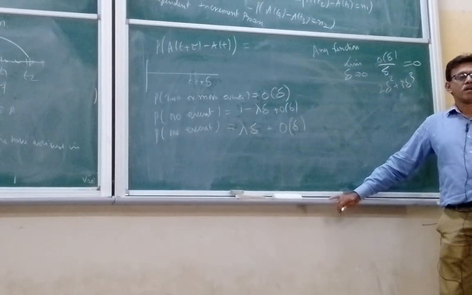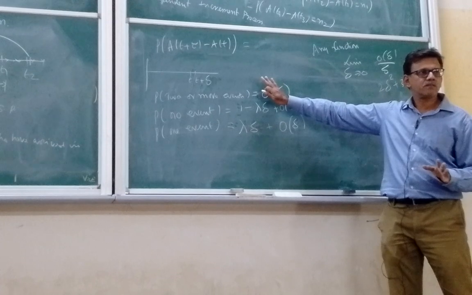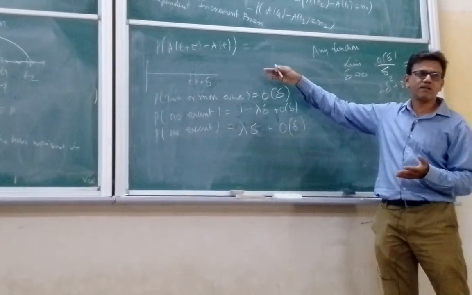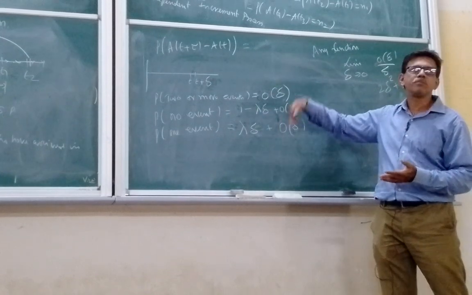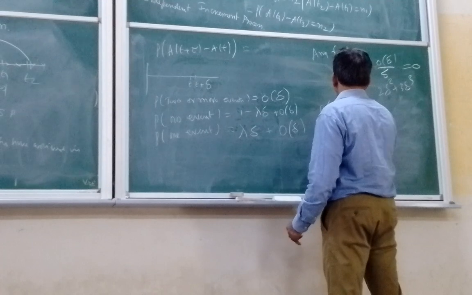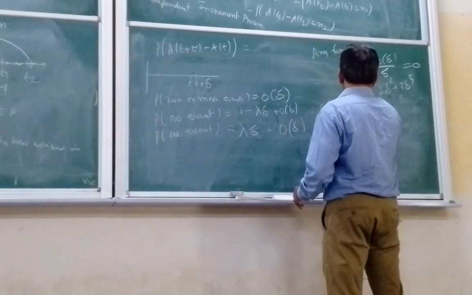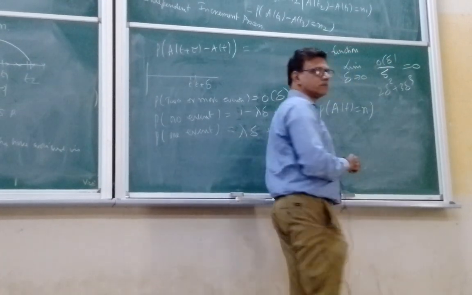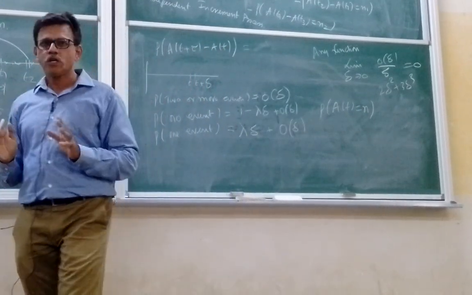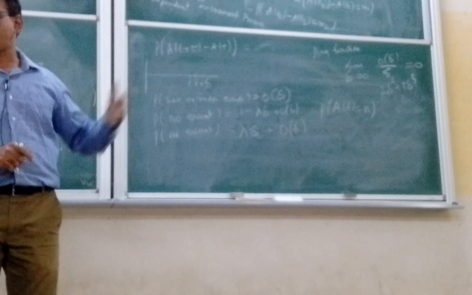Now, with this, these are the basic axioms. You can now find out what will be the probability that A of t is equal to n, by setting up a differential equation and so on. I am not going to do it. Usually this is done in the next level of class, stochastic modeling.